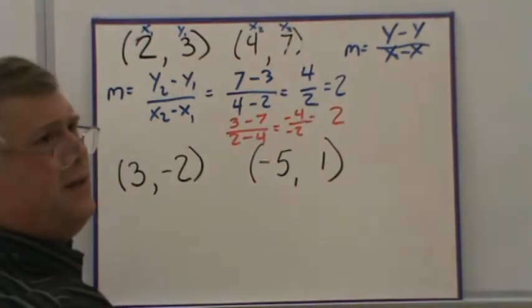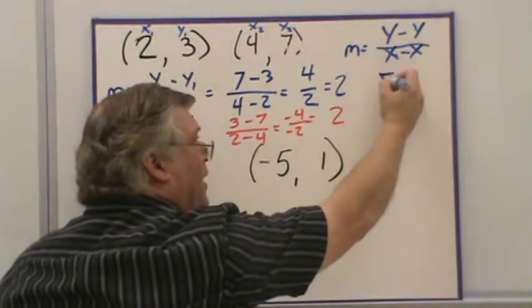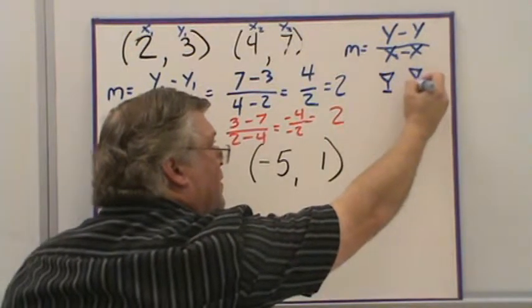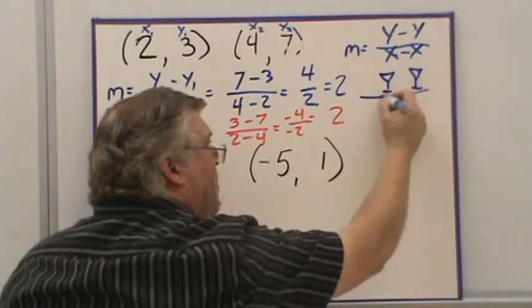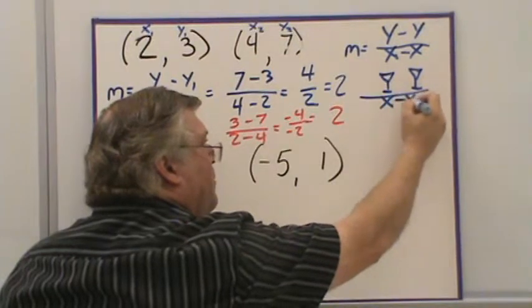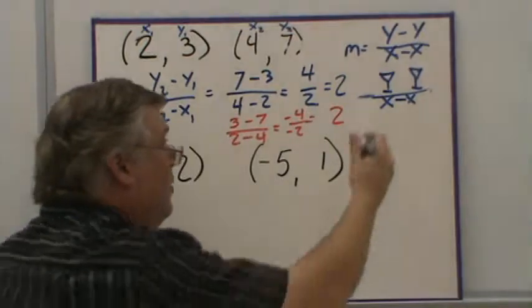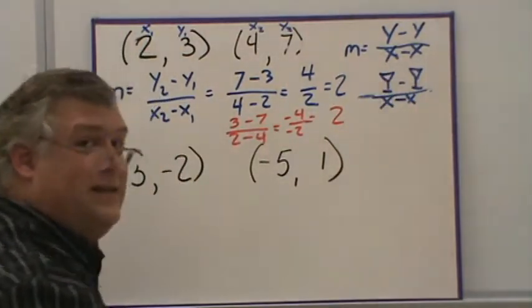That kind of looks like something. To me, it kind of looks like 2 martini glasses sitting on top of a picnic table. That's how I remember the formula. Y is on top, x is on the bottom.